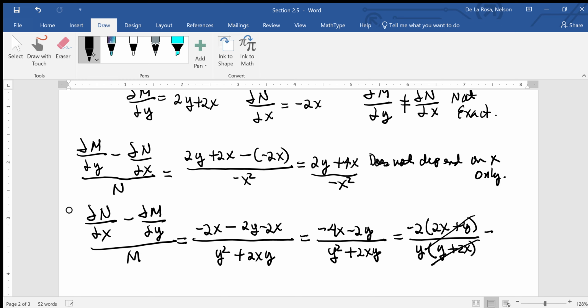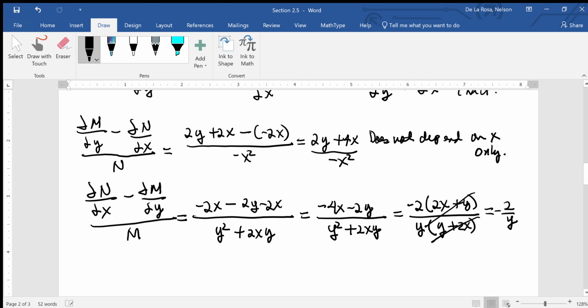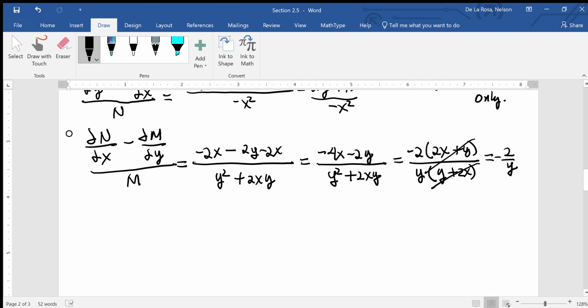They cancel, then we have negative 2 over y. So as you can see, we have obtained an expression only depending on y. So this may work as a way to find an integrating factor so that we can convert the given equation into an exact equation.